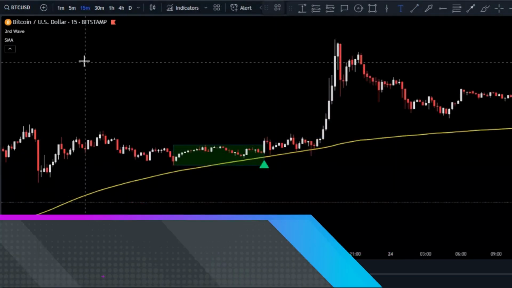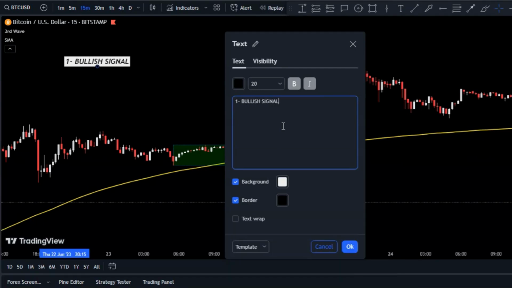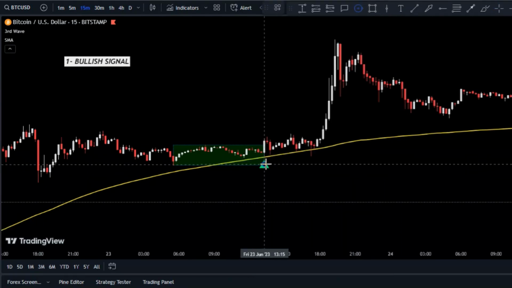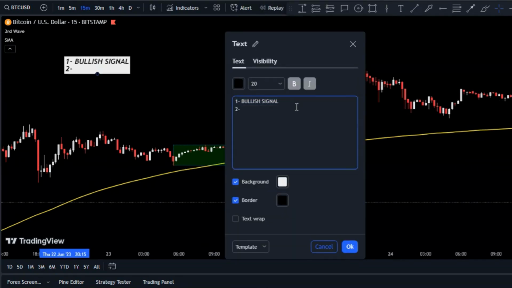To enter a buy trade, you should first wait for a bullish signal. Next, the price should be above the SMA indicator.